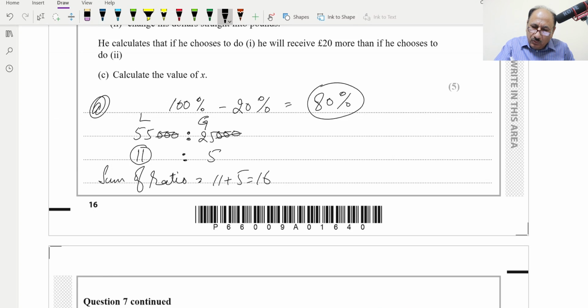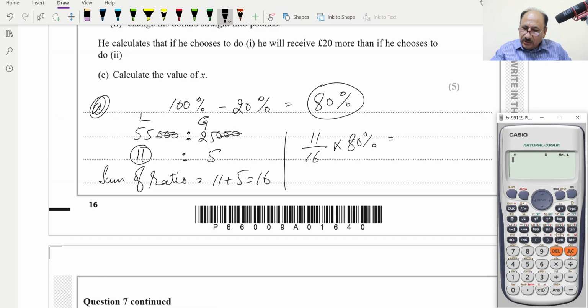So 11 over 16 of 80% will be received by Lillian, so that will be equal to what? We put a multiplication sign, and this will be equal to 55%.